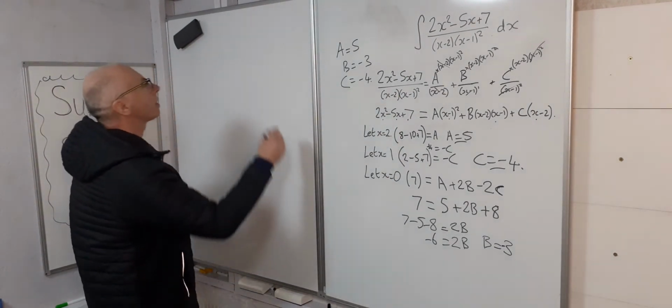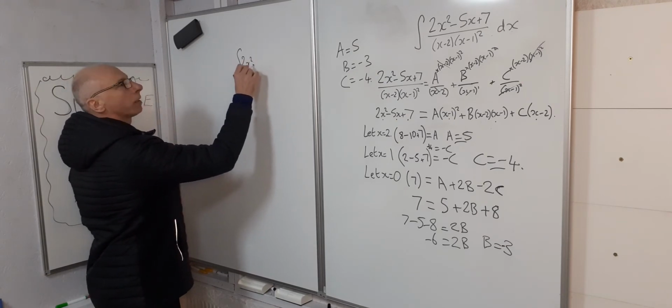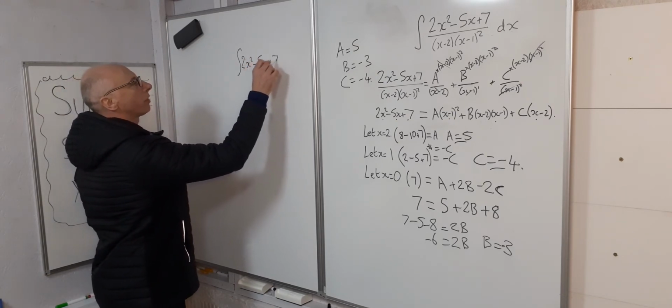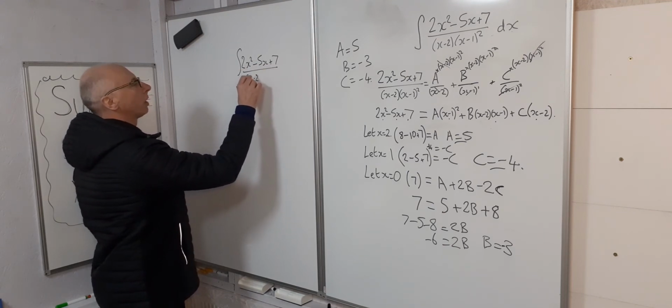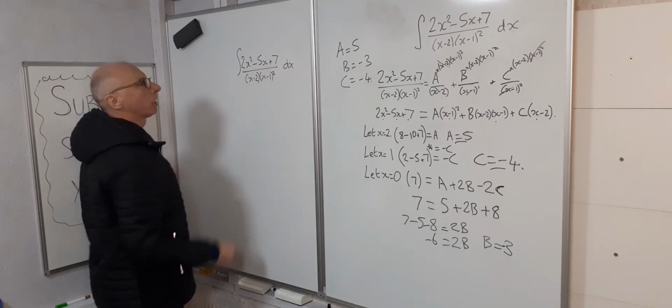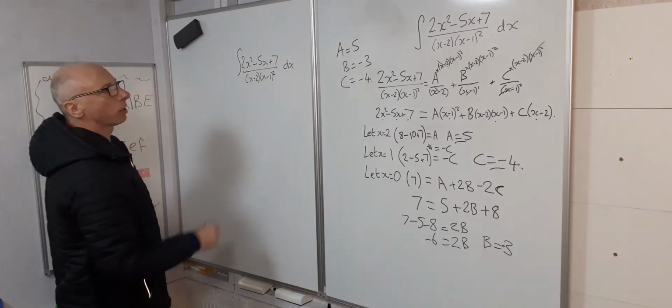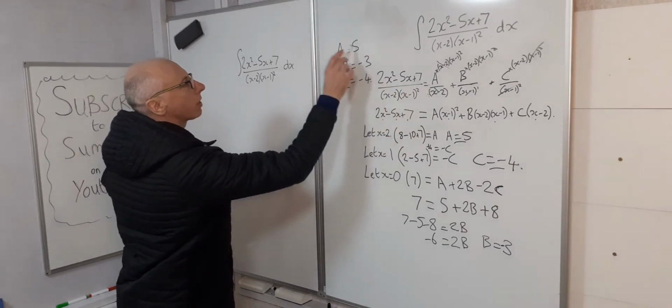So now what we know is we've got the integral of 2x squared minus 5x plus 7 all over x minus 2, x minus 1 squared, with respect to x. What we know is now that this is equivalent to this as an integral. So a is 5.